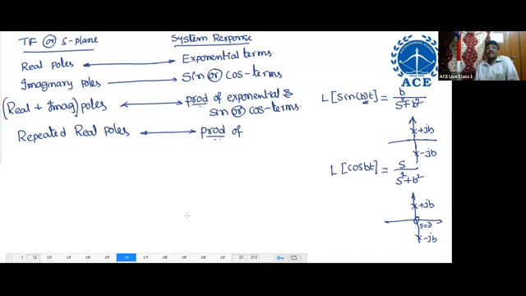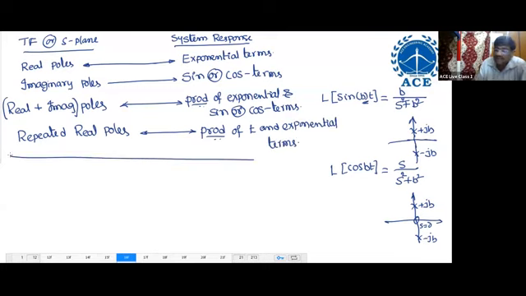So if t power 10 is there, it means 11 poles are repeated. So the t term represents the repeated poles. Product of t and exponential terms.